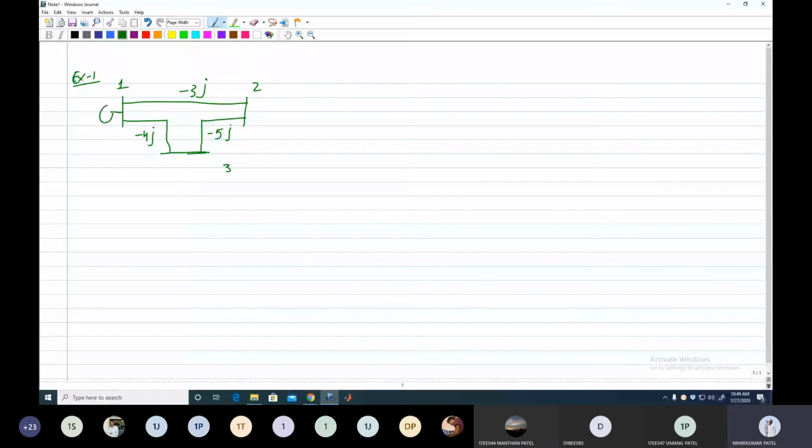We are calculating an example of power flow analysis using the GS method, considering the case where PV buses are absent in the network. The data are given in table number 1.